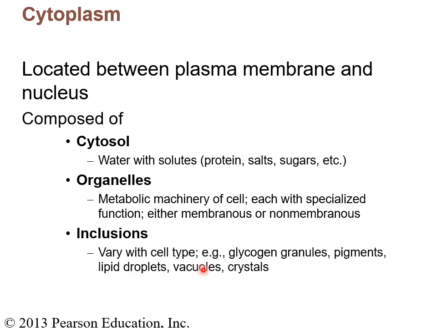You have macrophages, immune cells that contain vacuoles, things that they ingest, bacteria, things that they're trying to destroy. Some cells have crystals, glycogen granules, if they're metabolically active. And some cells have pigments, like skin cells have melanin that make pigment. Hair cells have different colors, and so these are things that not every cell has, but only some have.